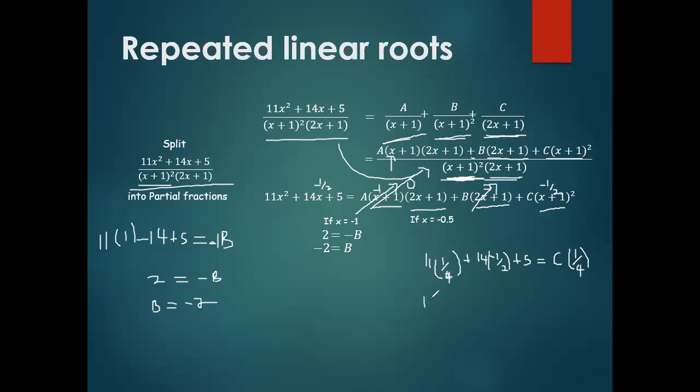So this will give me 11 over 4, minus, what? 14 over 2 is 7, so minus 7, plus 5, equals C over 4, right?